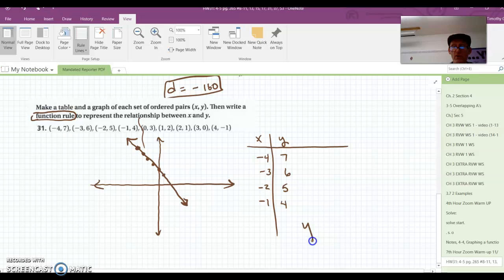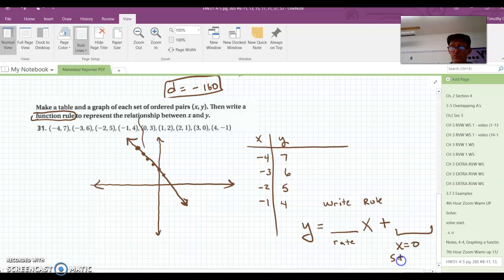So we want to start off with y equals some rate times x. This is how we want to write the rule. And plus this number here is when x equals 0.